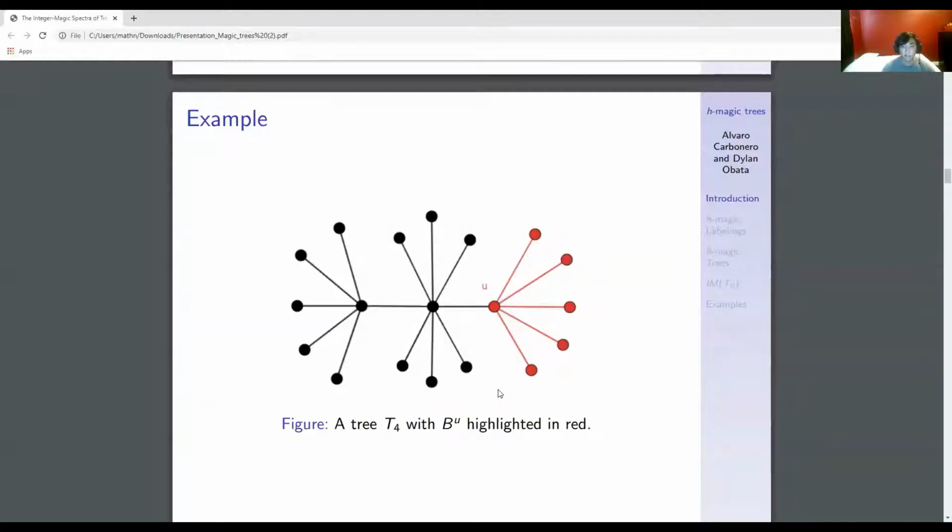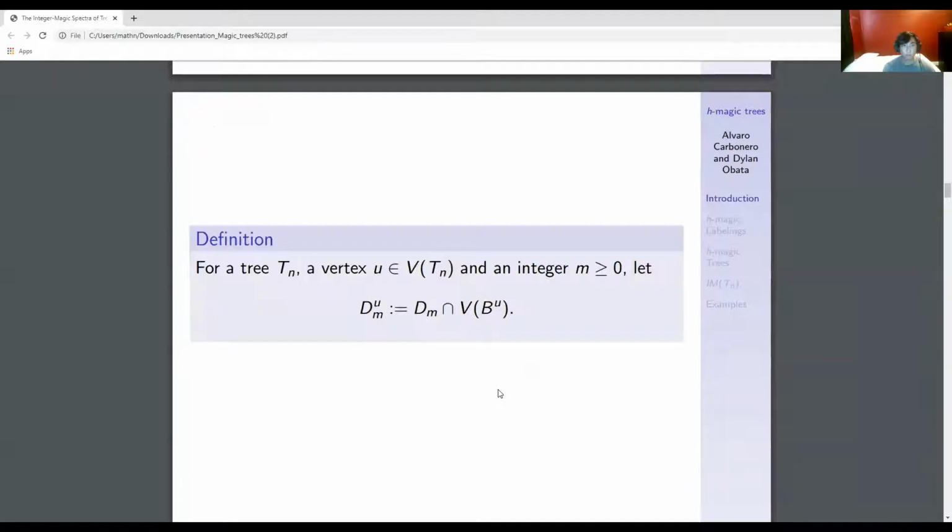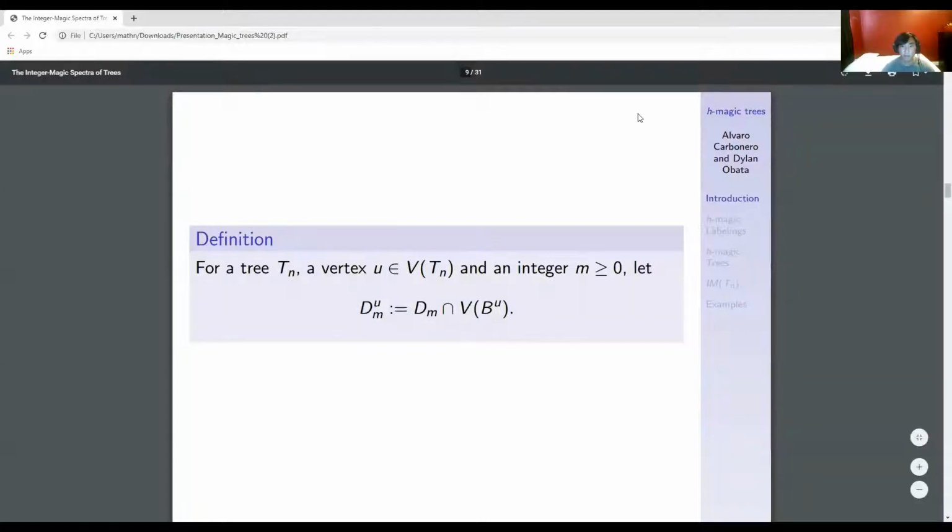Here we have a tree of diameter 4, and the branch of U is highlighted in red. Finally, we take these last 2 definitions and combine them into this one. D_m^U is defined as the set of all vertices distance m away from the center lying on the branch of U.